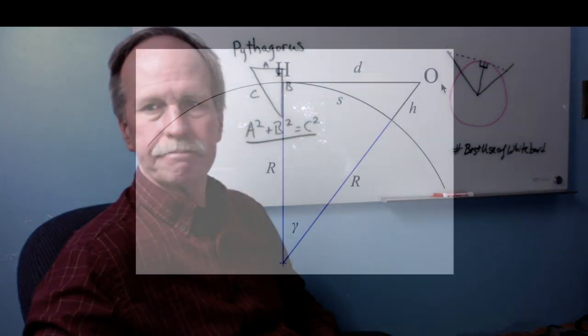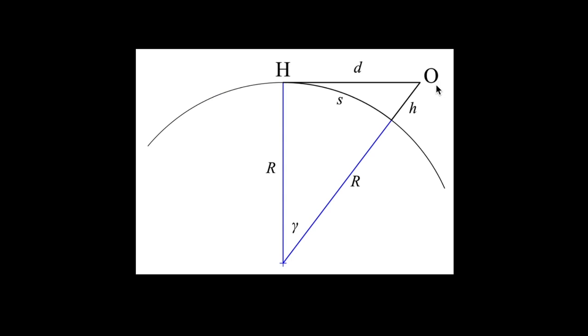Let me show you. So say you're an observer over here. You're at a certain height above the ground. Now, the distance you are from the center of the Earth here is the radius of the Earth plus the height. The distance to the horizon, which is at the level of the surface, is the radius of the Earth. And our distance between our observer location and the horizon is d.